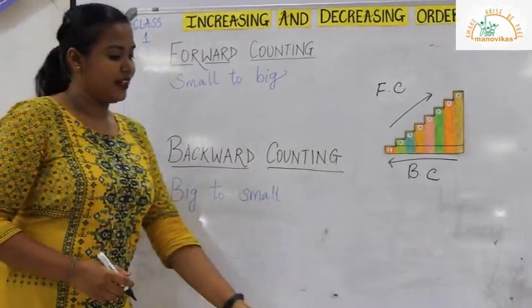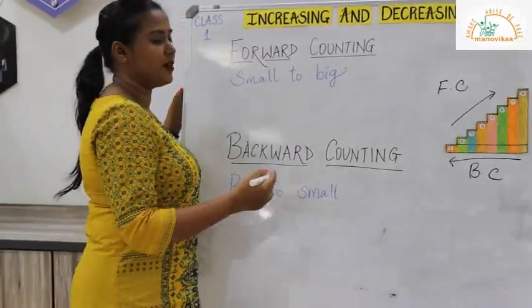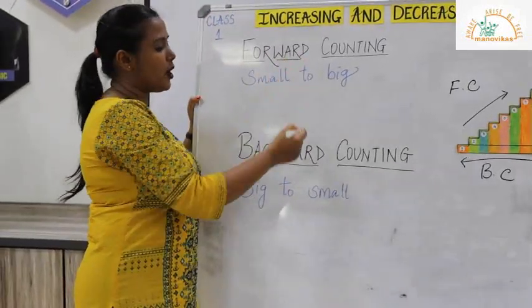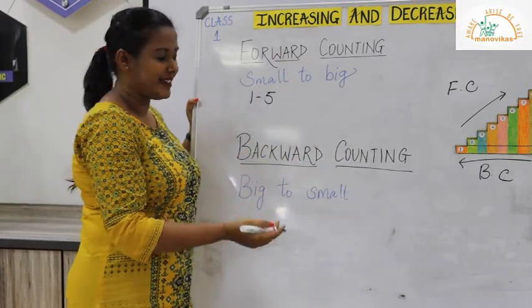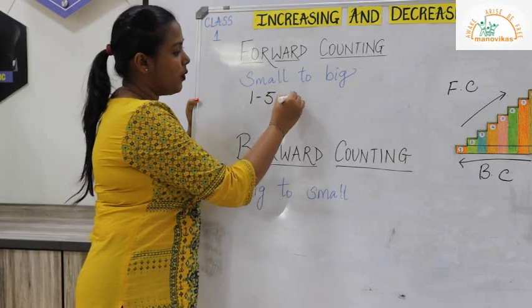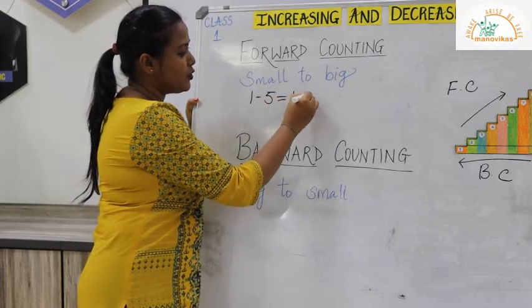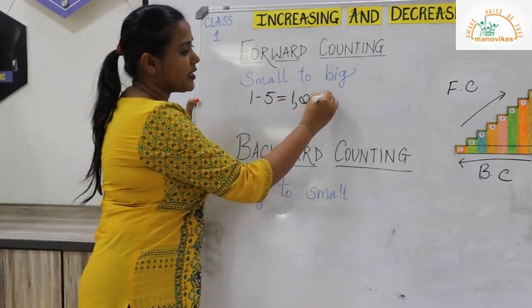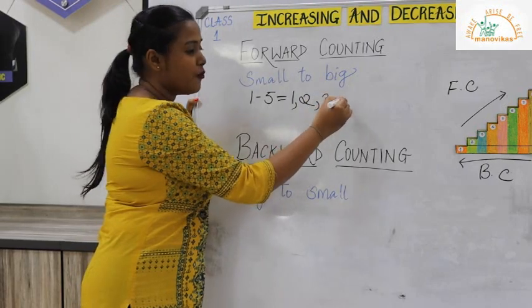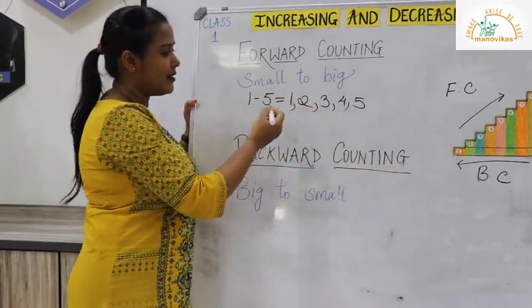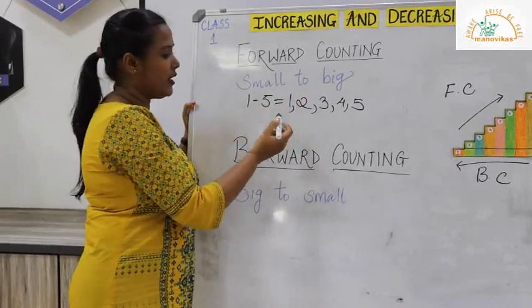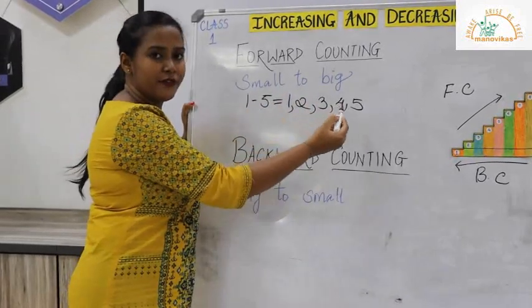Now in forward counting, if I ask you to write the numbers in the forward counting pattern from 1 to 5, you are going to write it as 1, 2, 3, 4 and 5. This is forward counting from numbers 1 to 5.